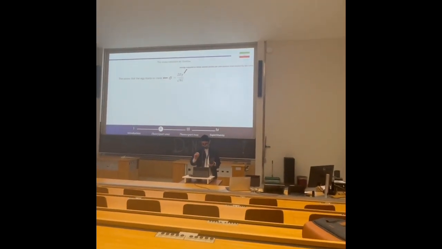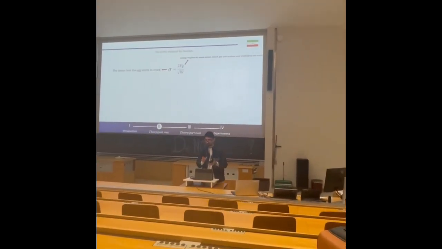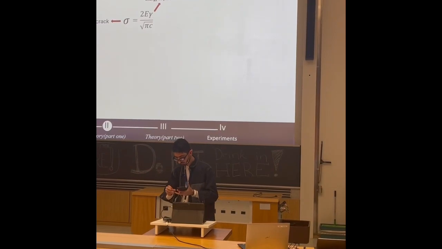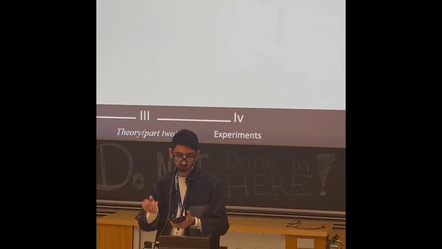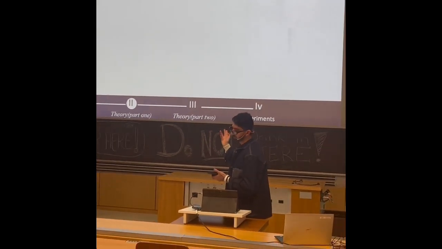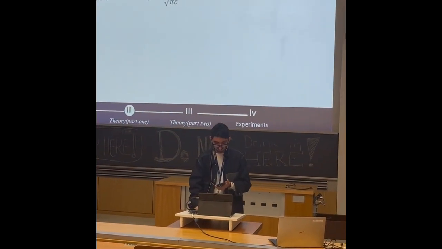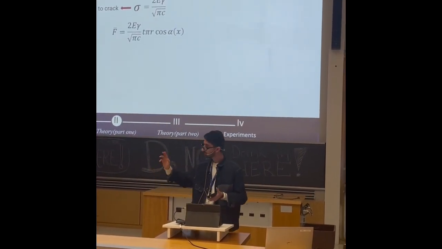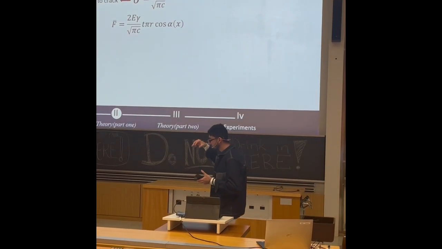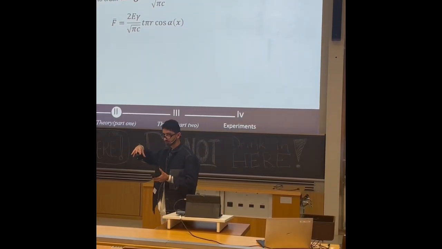And pi and c is a special length of break that we come to with experiment, and this is from Mr. Griffith. And when F is equal to this, it starts to crack.